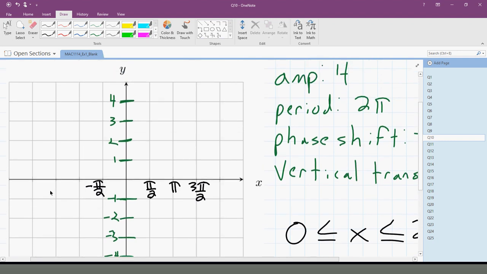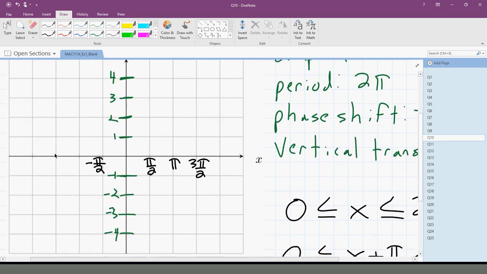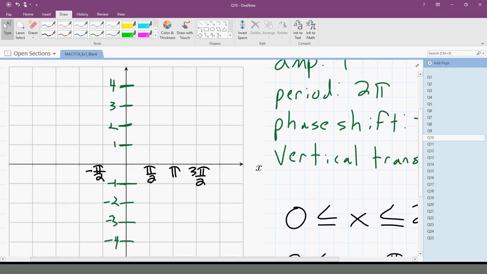And now we just need to draw in the graph of a cosine. So pi over 2 is quite nice to us. If we look at this, where does cosine start? Up at the top at 1 or down at the bottom, or, excuse me, at 0? It would actually start at 4, which originally would have been the 1.